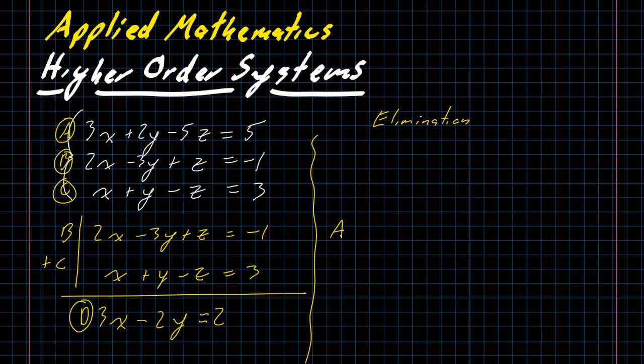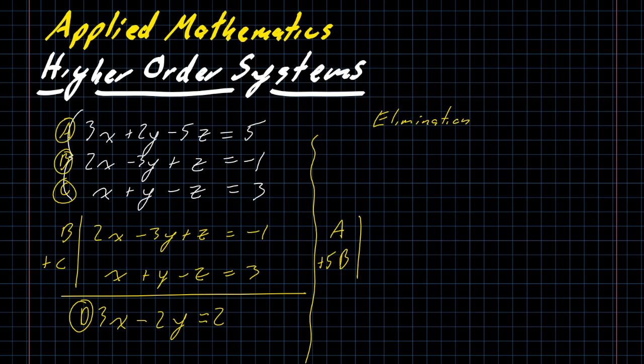Now I have a choice between the other equations. But I do notice here that A has minus 5z, and if I take equation B that has plus z, and I multiply by 5, those are going to be able to be eliminated as well.